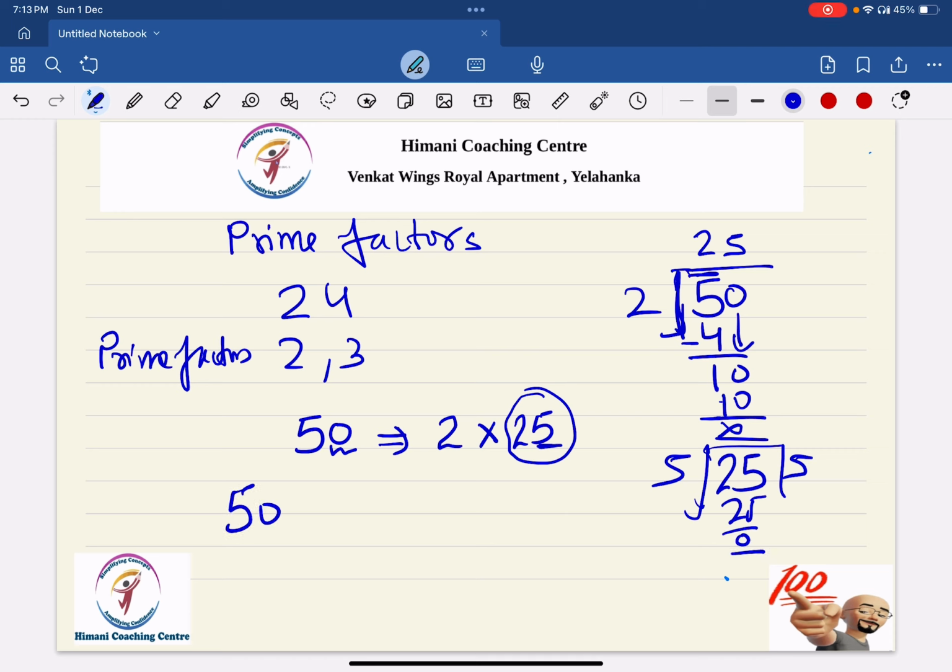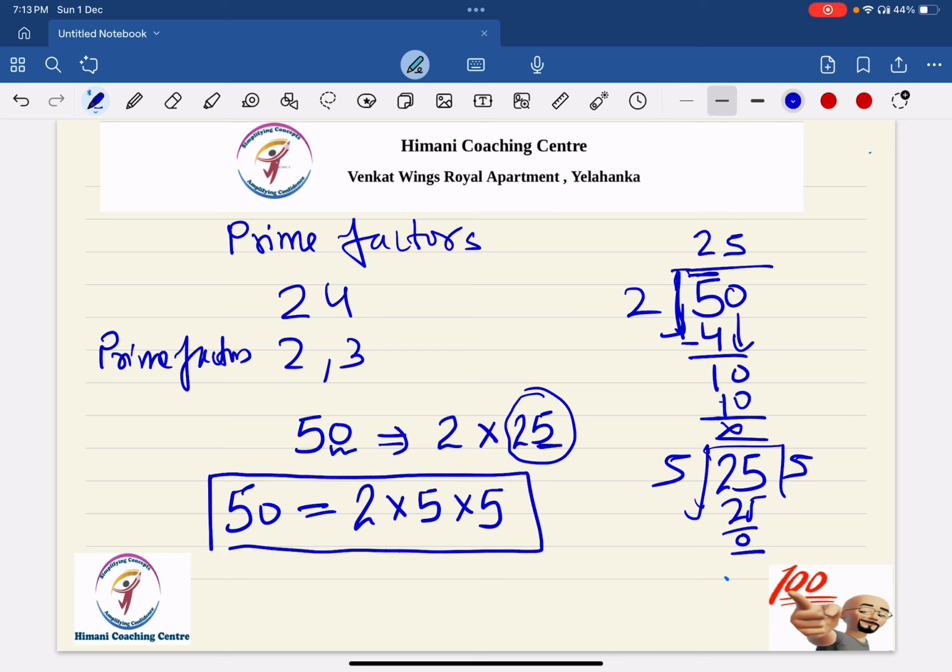So 50 can be written as 2 times 5 times 5. So the prime factors of 50 are 2 into 5 into 5. Keep this in mind. Let me do one more question for you and then I will give another one to you.